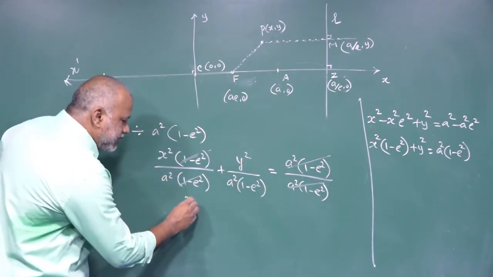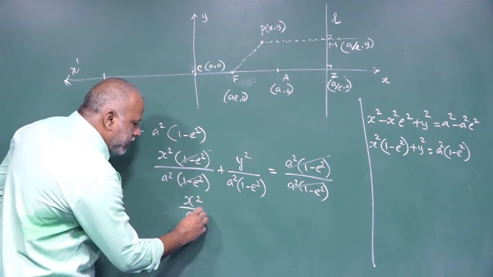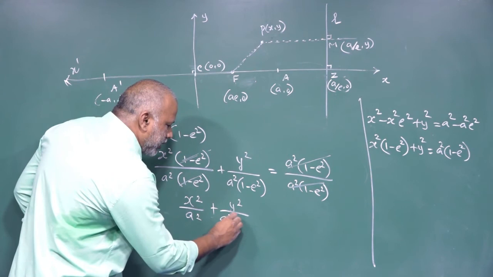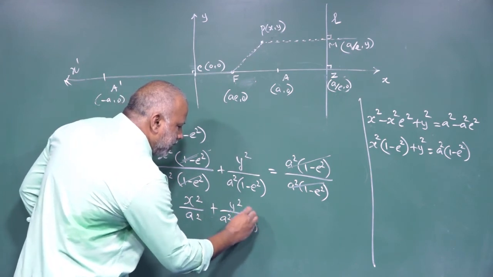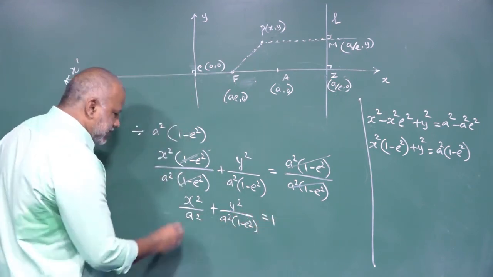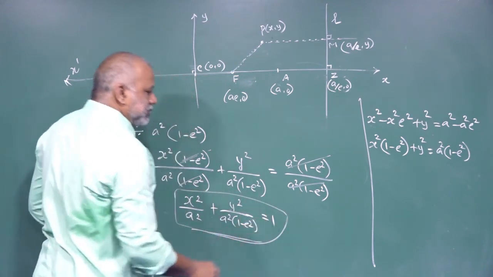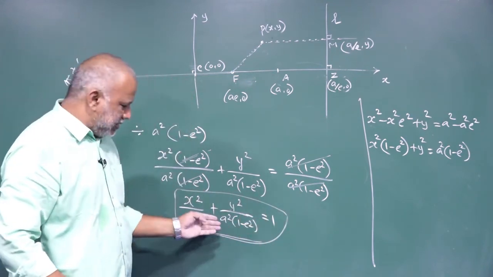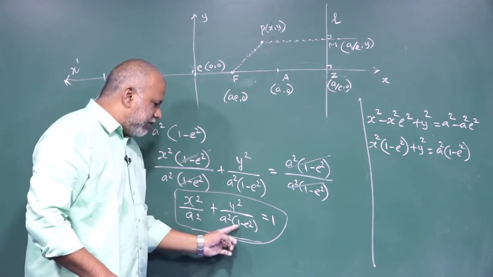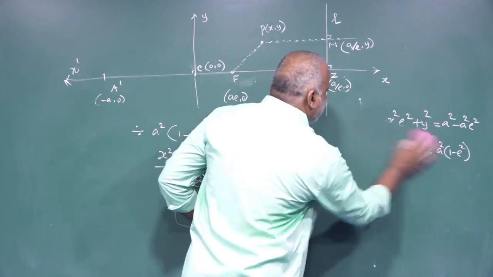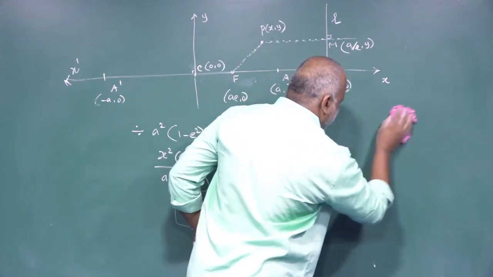What is the remaining equation? x squared by a squared plus y squared by a squared of 1 minus e squared equal to 1. This is the general equation of this ellipse. Now I want to give a name to the constant a squared of 1 minus e squared. Instead of that constant, give one single name.